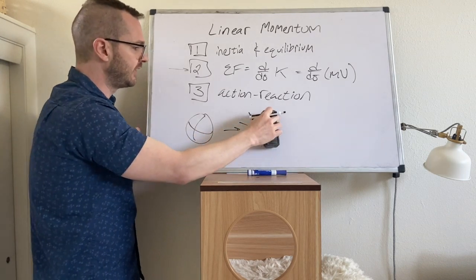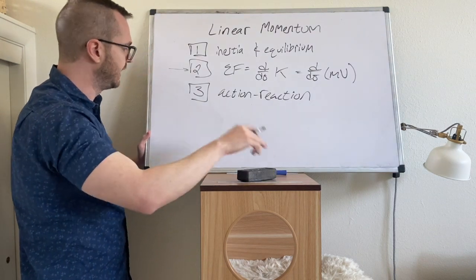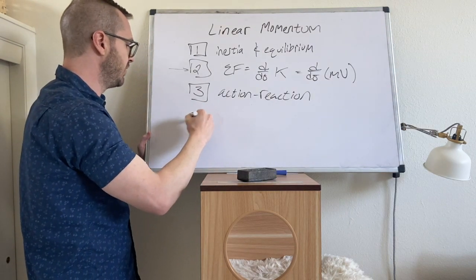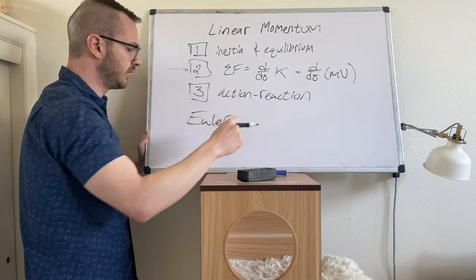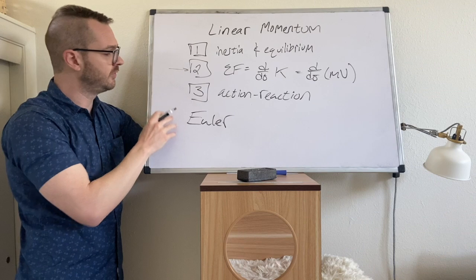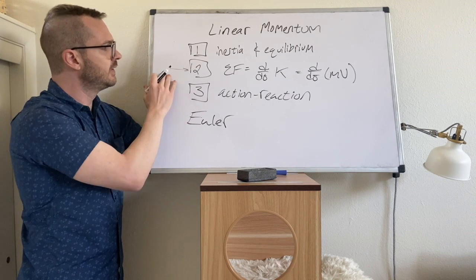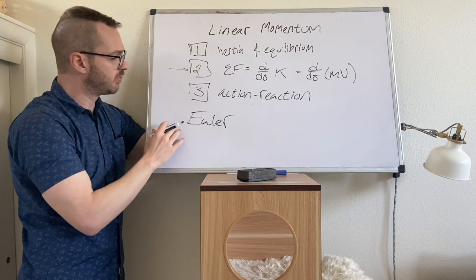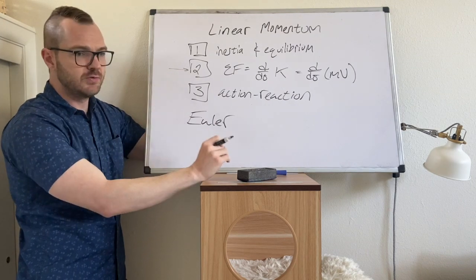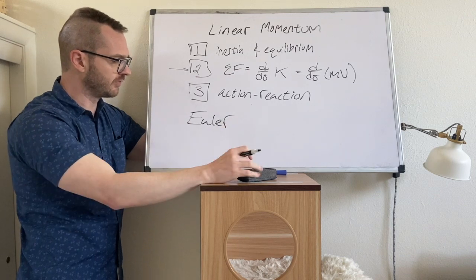Now, in order to do that, we have to introduce a new character into this play, and that character is a man named Leonhard Euler. So about 50 years go by after Newton produces his work, and this guy Euler comes back and he takes Newton's second law and proves that it can be used for objects with volume. And that becomes Euler's first law.